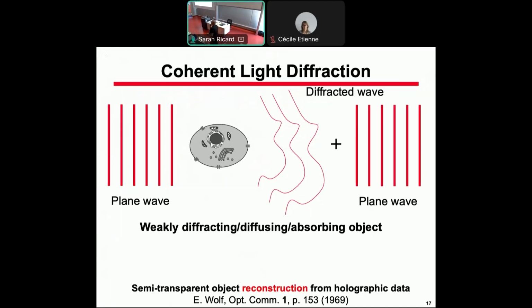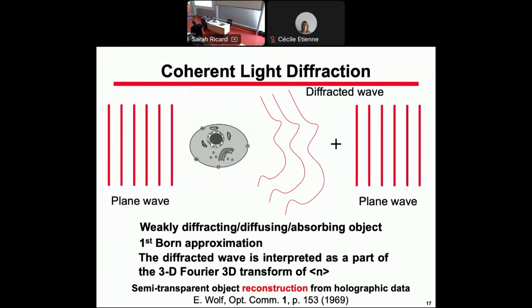So basically, a first order approximation. And in that case, the so-called first Born approximation, the diffracted field is nothing else than the 3D Fourier transform of the index of refraction. So everything is still Fourier transform.